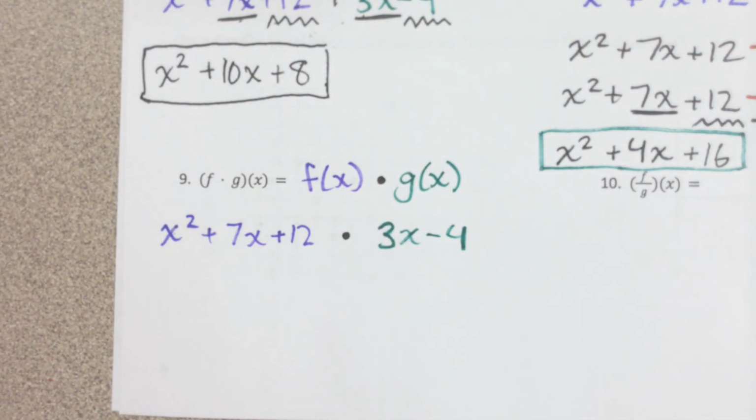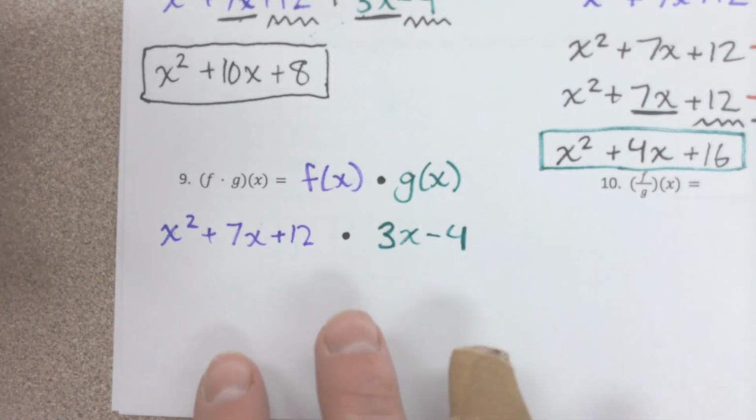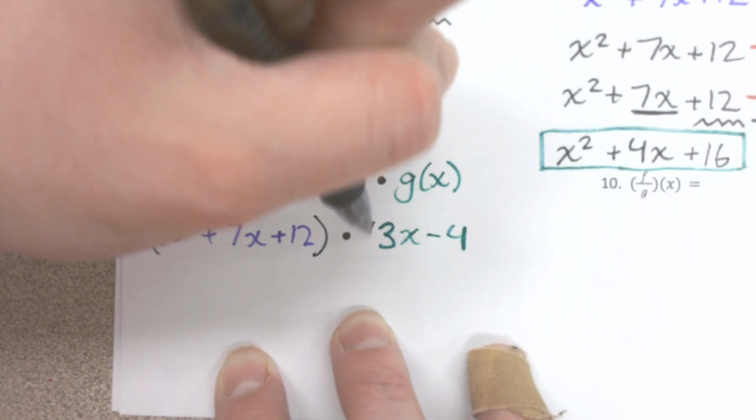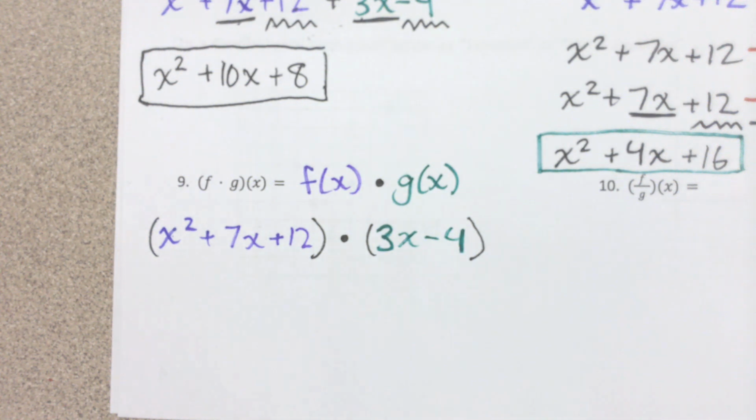Now, when we multiply these, we must have parentheses around both of those functions. It's the only way to do it.